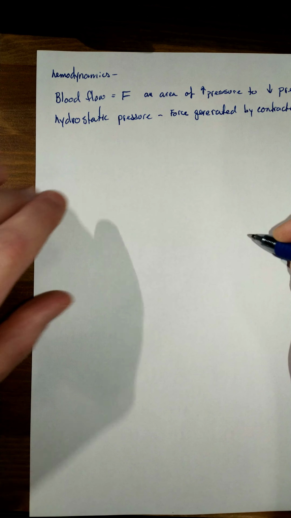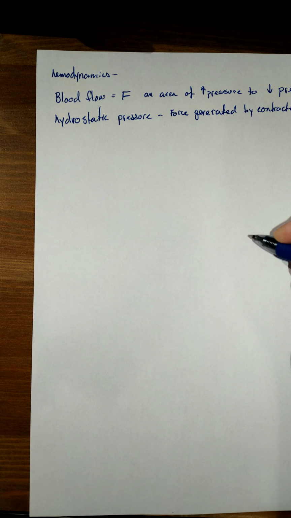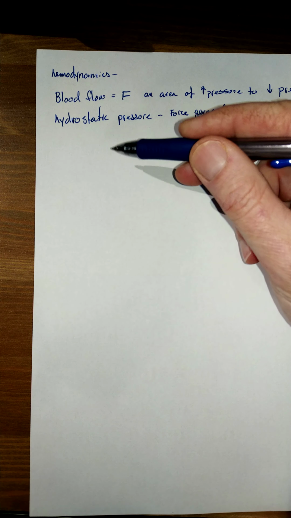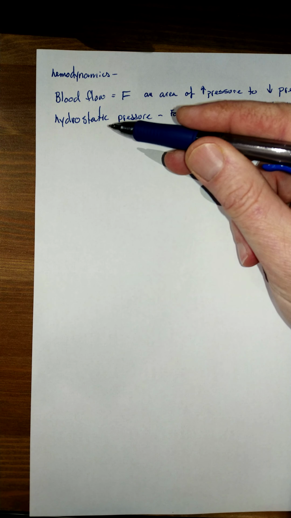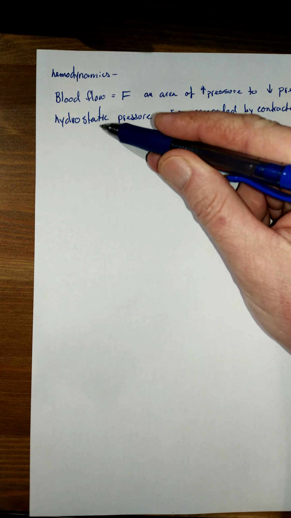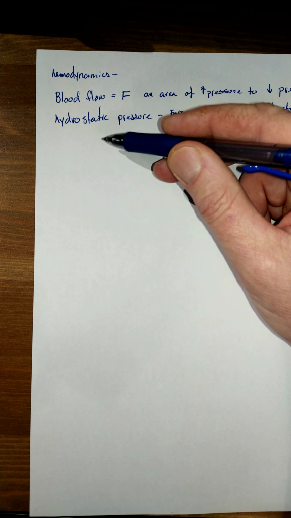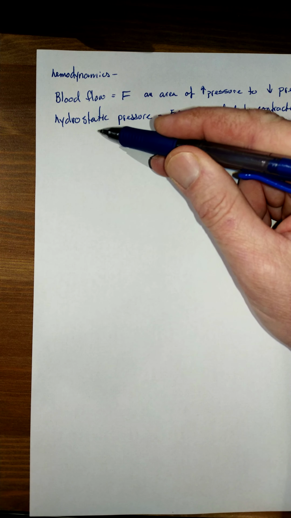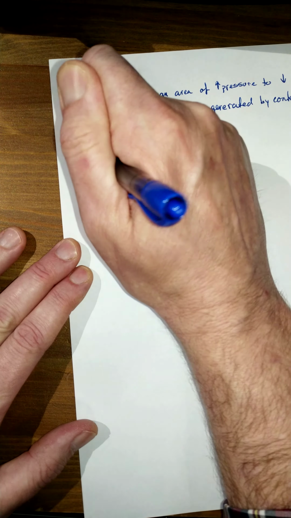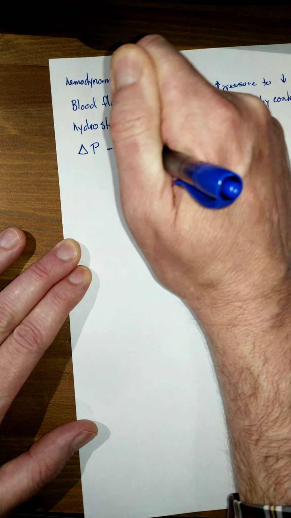In our example, it's 120 millimeters of mercury. So when we look at rates of flow, they're usually measured per unit time. So we look at it as flow rate as liters per minute or milliliters a minute. Pressure difference, we would note that as a delta P.